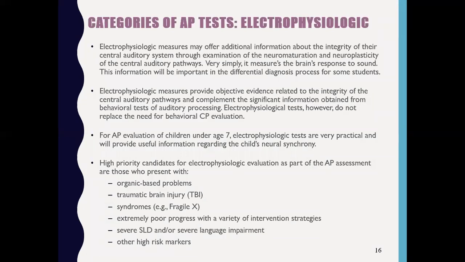Electrophysiology testing is certainly, in theory, good for nonverbal patients, for patients that may have significant articulation errors and can't verbally respond, children with syndromes or poor language, or any other condition where we're trying to look at the integrity of the auditory system.